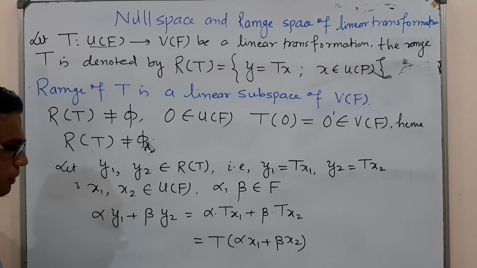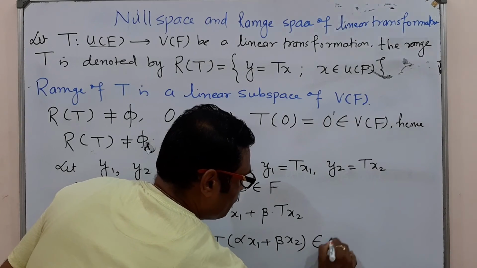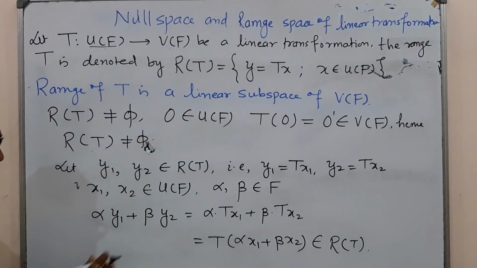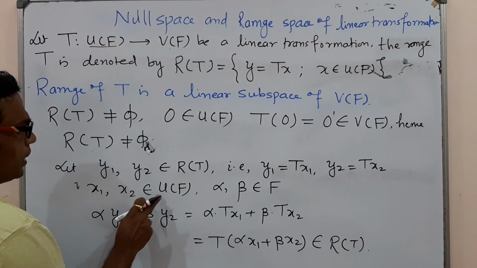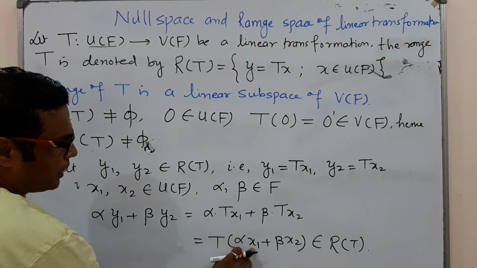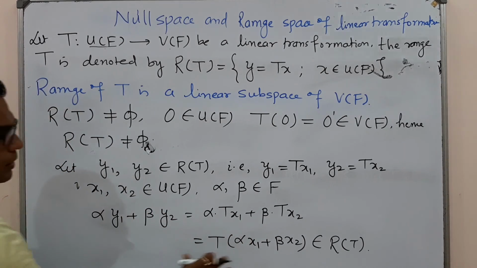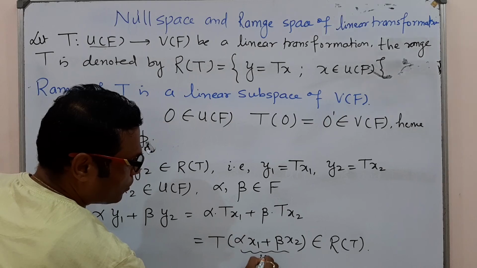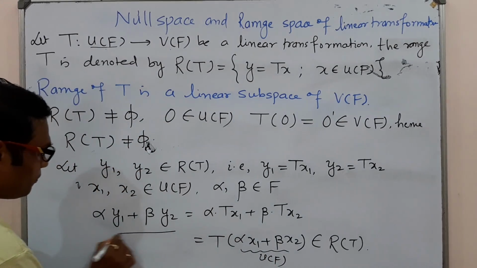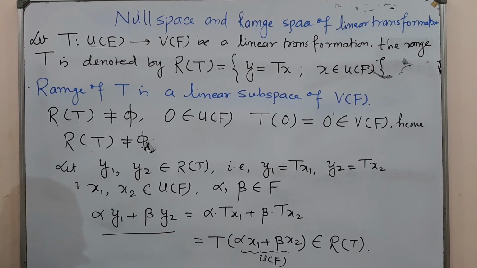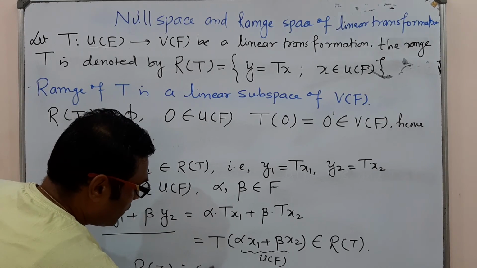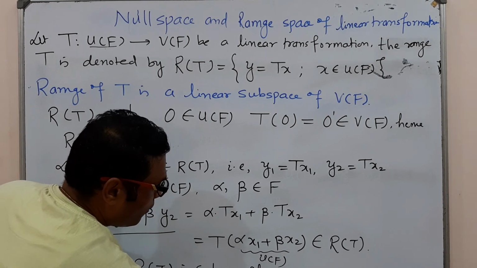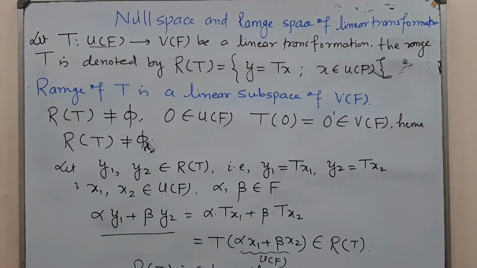So this belongs to the range of T, since x1 and x2 belong to UF and UF is a vector space, so alpha x1 plus beta x2 belongs to UF. We compute the images in this format and this belongs to RT here. Hence the range space RT is a subspace of VF.